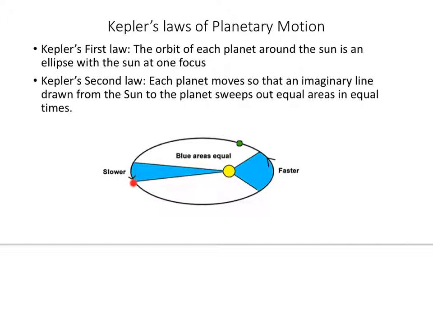Here it's moving slower, but these two intervals would be equal in time. And if you computed this area and this area, these blue areas, they are equal to each other. That's what Kepler's second law says.